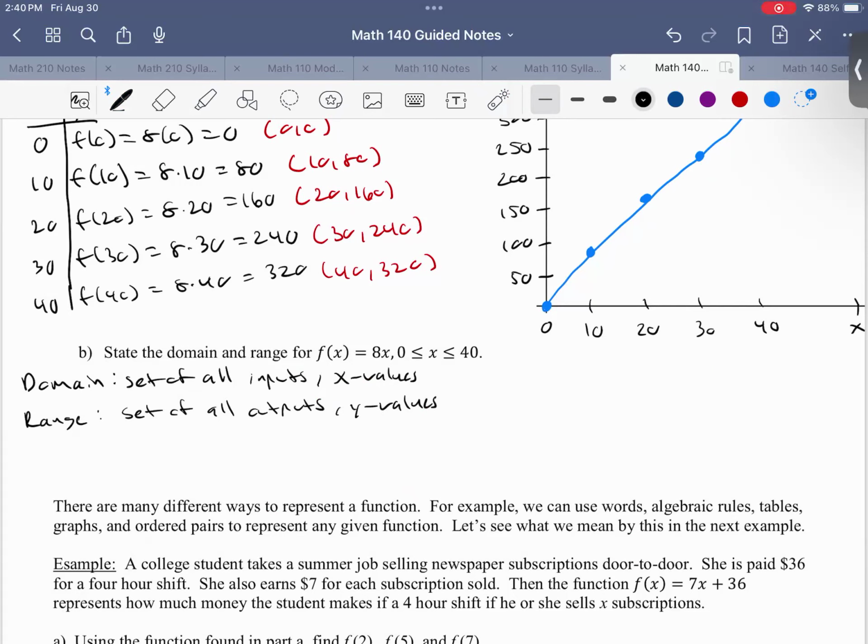The way we would write domain and range in this case would be something called interval notation.